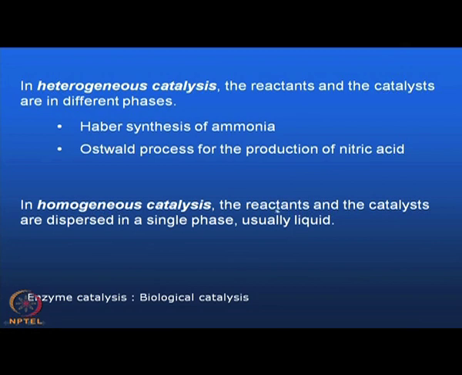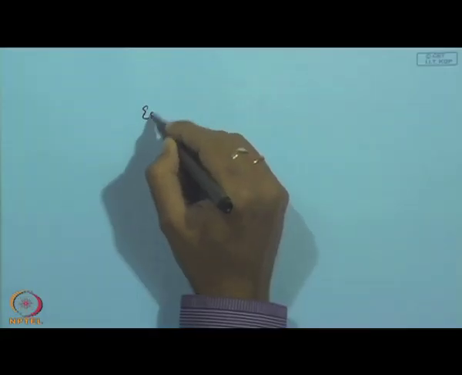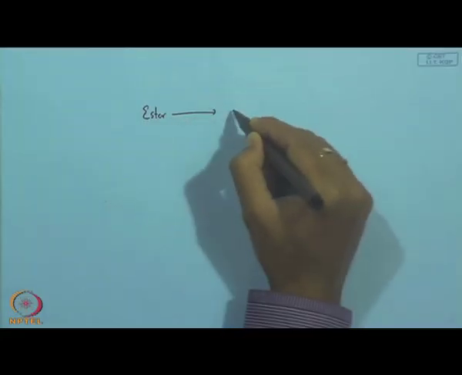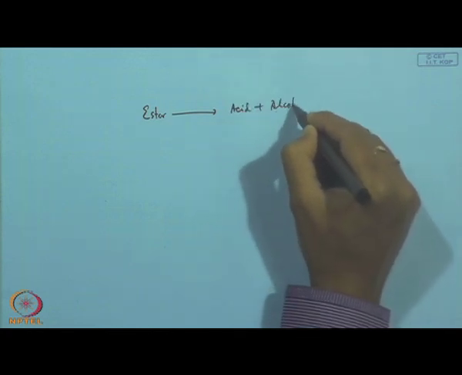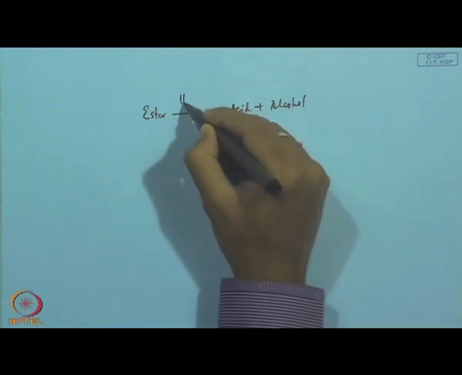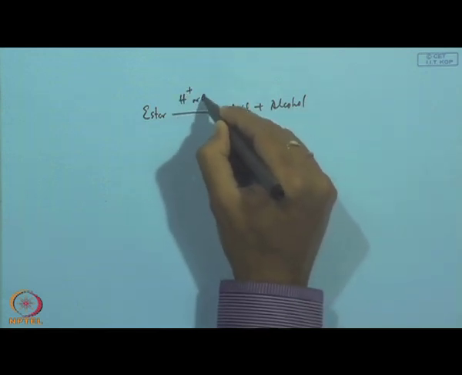In homogeneous catalysis, reactant and catalyst are dispersed in a single phase, usually liquid, and a typical example is acid base catalysis, like ester hydrolysis. Ester producing acid plus alcohol may be catalyzed by H plus or OH minus.